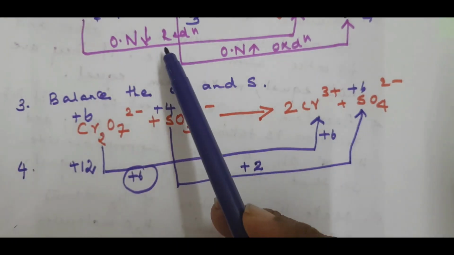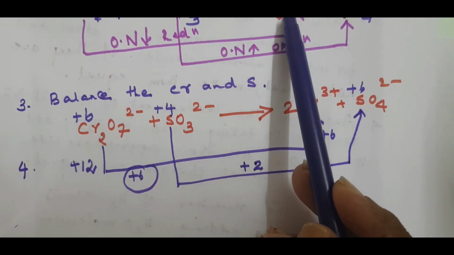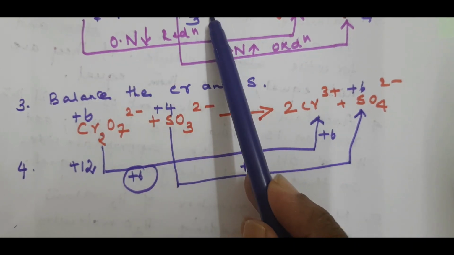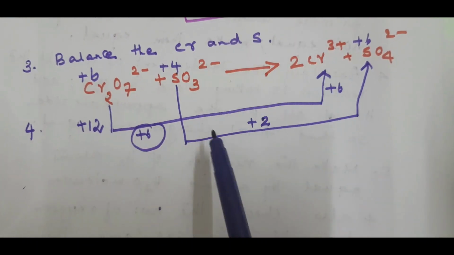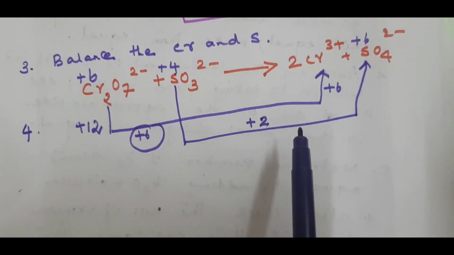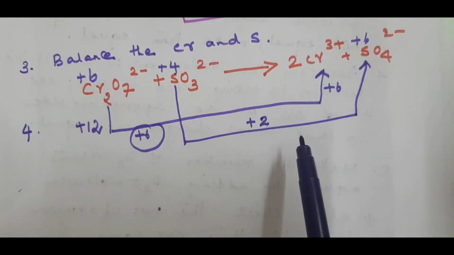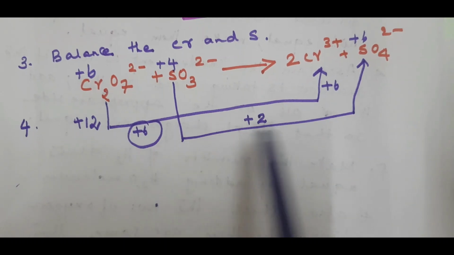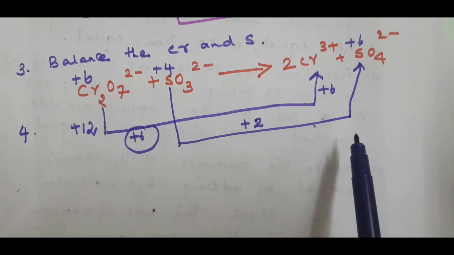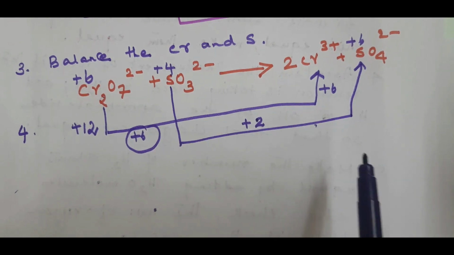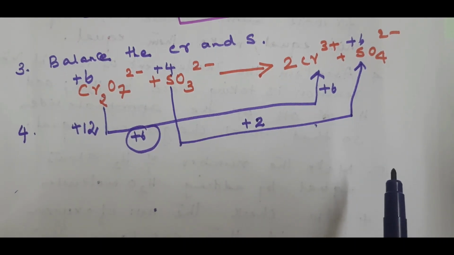First you have to balance this chromium and sulfur. Then you have to make the charges, whatever is the increase and decrease, the same by cross multiplying. Increase and decrease in the oxidation number, you have to cross multiply.